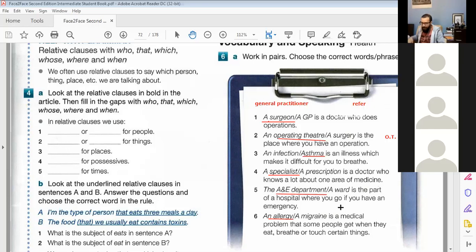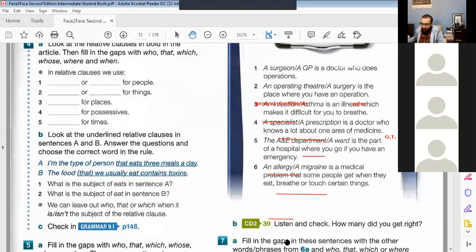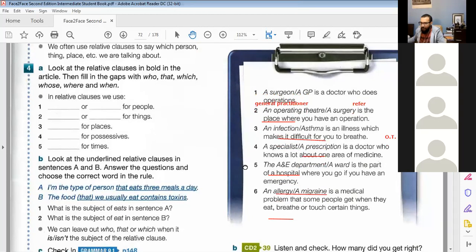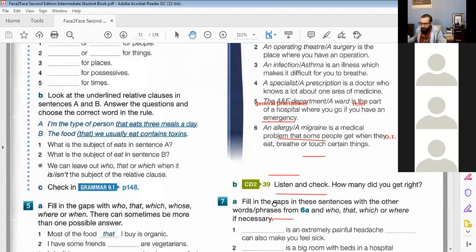All right, very nice. Now, in our next part of the exercise, we're going to check the answers. So I'm going to play the CD so we can see if our answers are all correct or not. So listen and check. So let's do this. Let's check our answers, okay? And after that, we can do the next exercise.